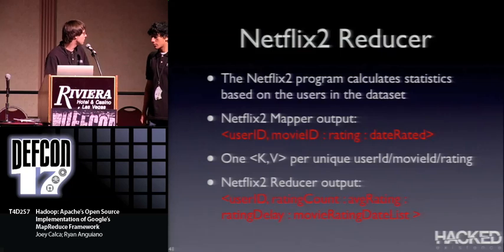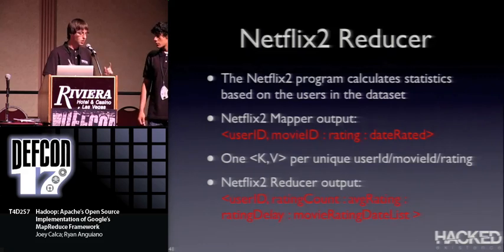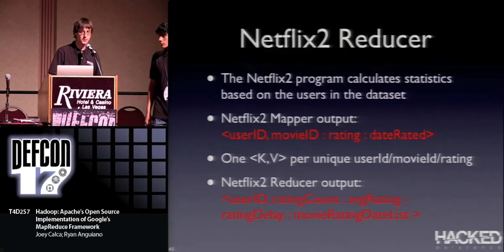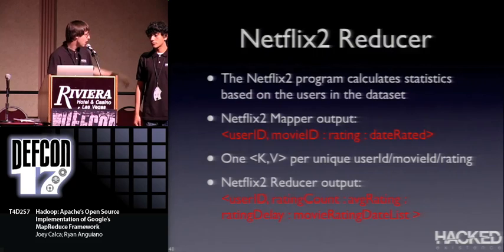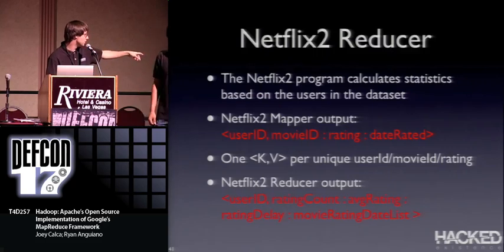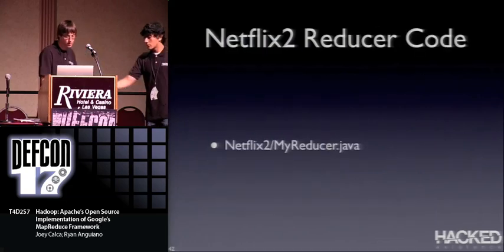So when you're outputting in the reducer, everything that passed from the mapper, which was mapped by user ID as your key, your reducer gets a whole array of all the values from that specific user: all the movies that they've rated, the dates that they rated it on, and the ratings that they've given it. And then you can, in your reduce method, do all kinds of averaging because of the recursive nature of it.